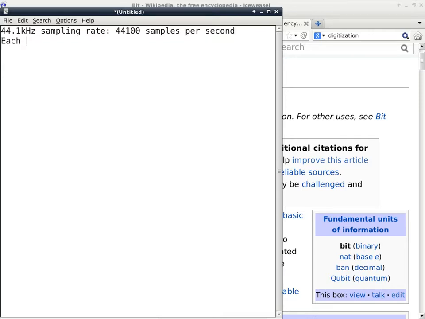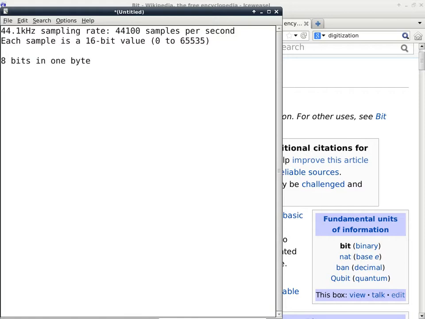Each sample is a 16-bit value because we want the value to go from 0 to 65,535. Now the question is, how much storage is this going to take up? How many bytes are we going to take up? How many bits do we have in 1 byte? Okay, 8 bits in 1 byte.